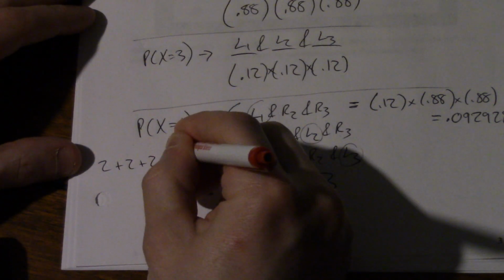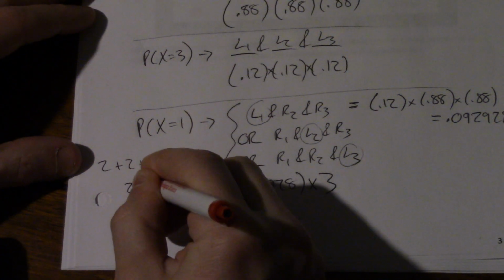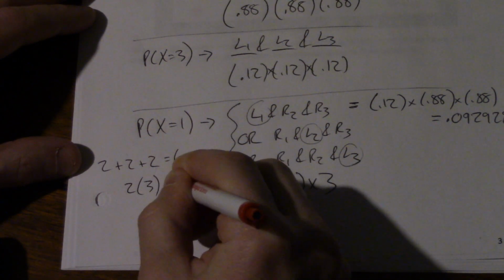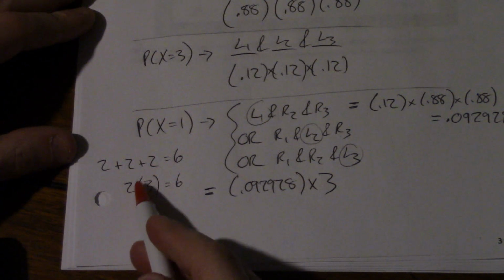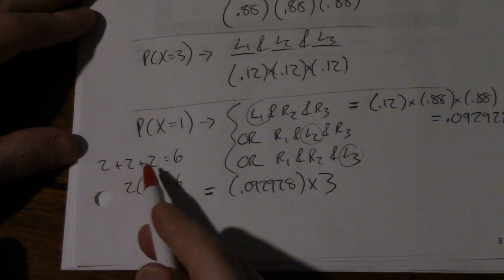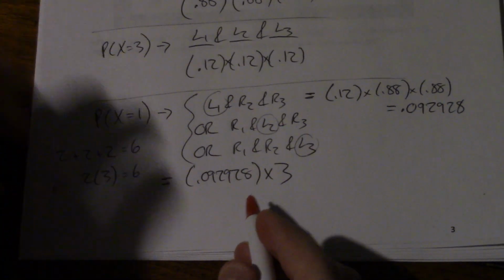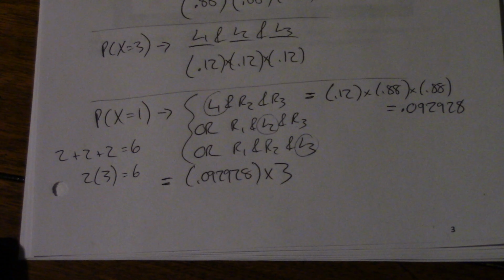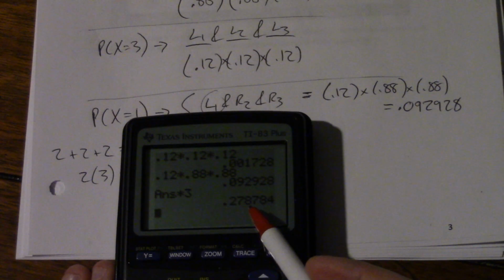You can add those all together and you can get 6, but that's the same as saying you have 2 3 times. Since we're adding together the same number, we can just multiply how many of those numbers we have. And it's kind of a shortcut. So 0.092928 times 3 gives you 0.27878.